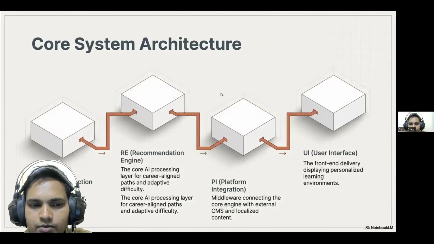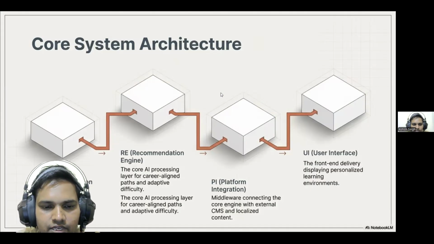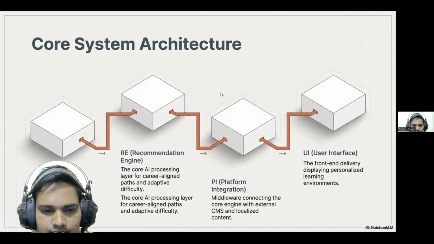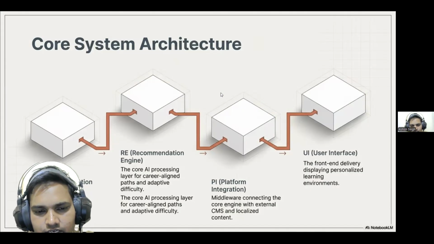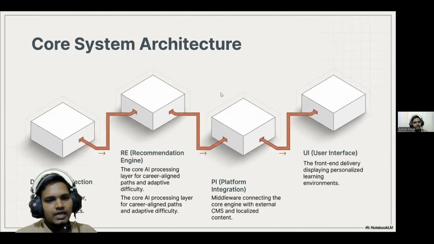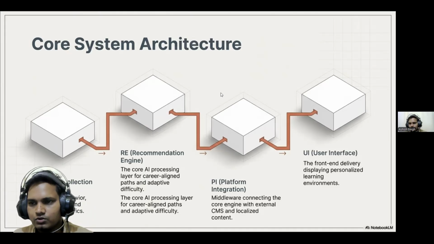The core system architecture has four important elements. The first is data collection and analysis. The second is the recommendation engine. The third is platform integration and the user interface. I know the architecture is more complex than this, but as a PM, I just need to understand how the workflow goes.